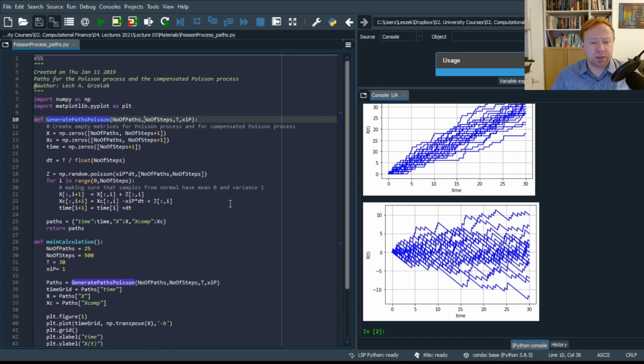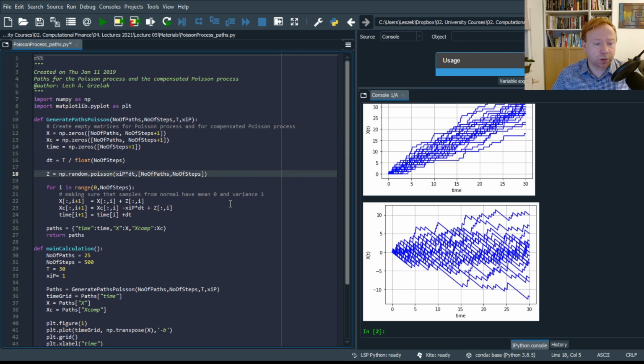This very much resembles what we have seen for Brownian motion. We define a matrix with the number of rows corresponding to the number of paths and the number of columns corresponding to the number of steps. We have two matrices, one non-compensated and one compensated.